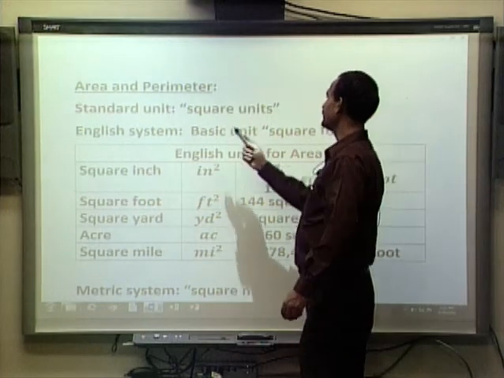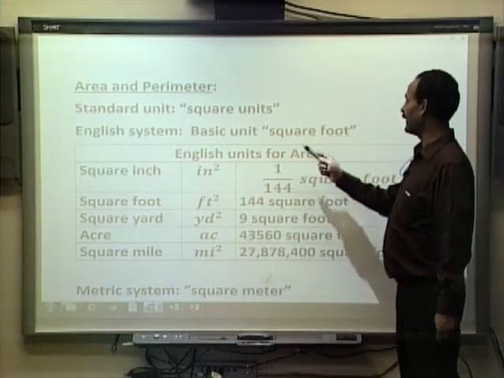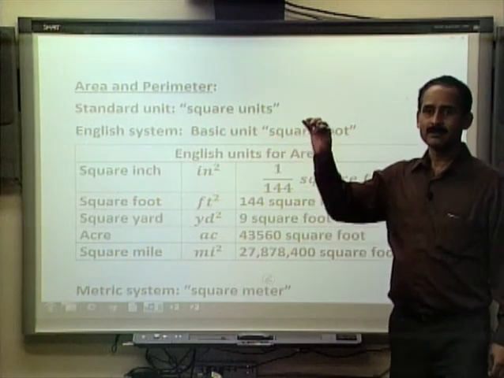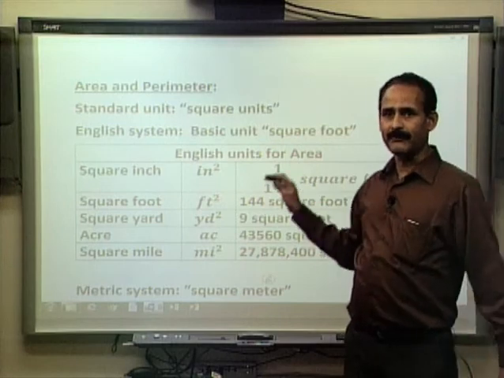In the English system, the basic unit of area will be square foot, because in the English system the basic unit of length is foot.